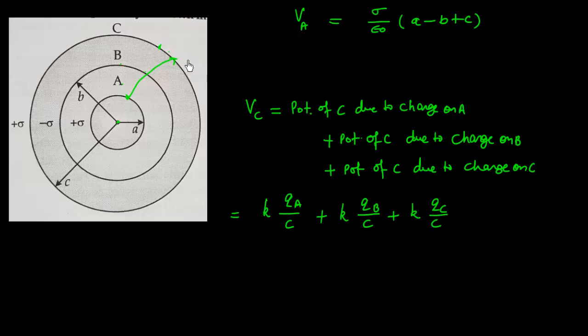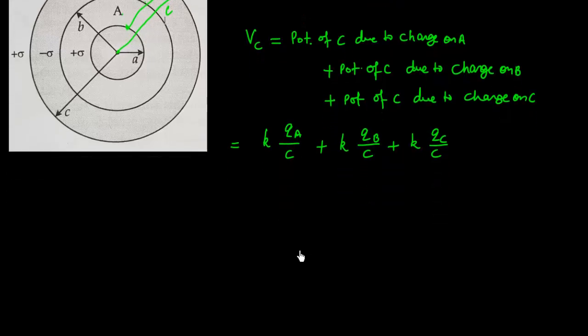Because C is outside A, B, C. For the point on the surface of C, all the shells behave as if their charges are kept at the center, so this point has the same distance c from all the shells.